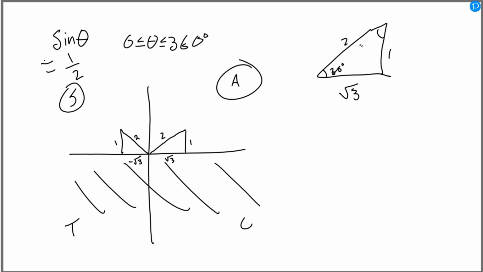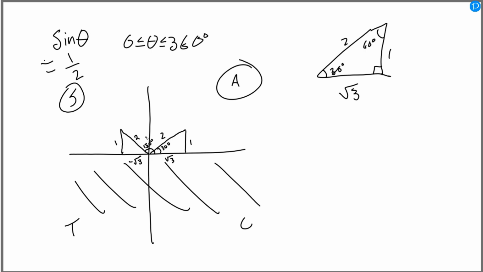This angle here is equal to 60 degrees. And this angle is, of course, right. So from that, you can know that this is 30 degrees. And you can also know that this is 150 degrees. So those will be your 2 solutions.